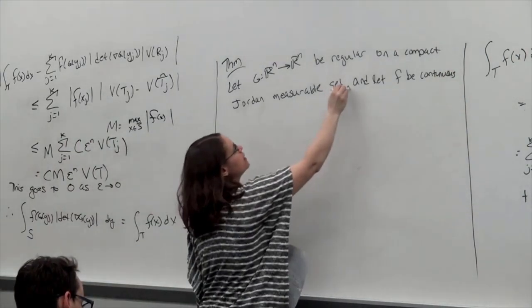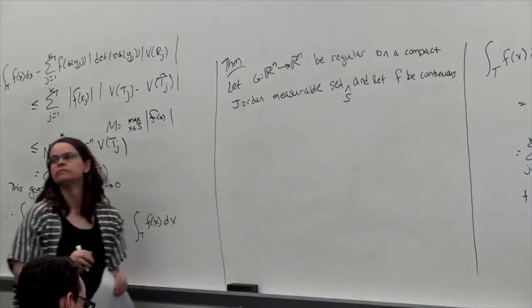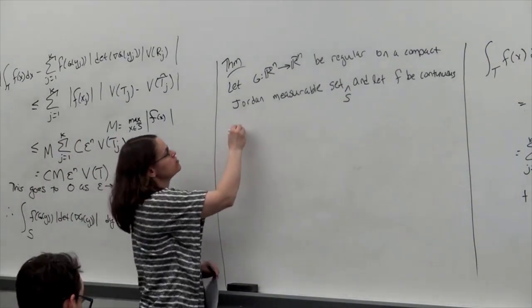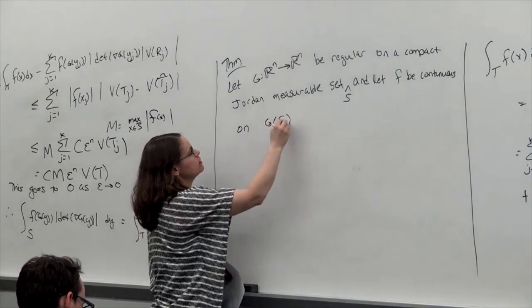Let's give this set a name, S. And we assume that F was continuous. Let F be continuous on G of S.